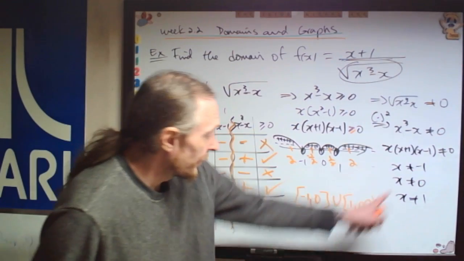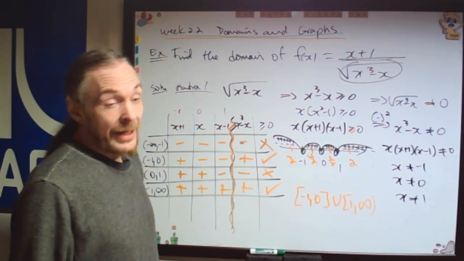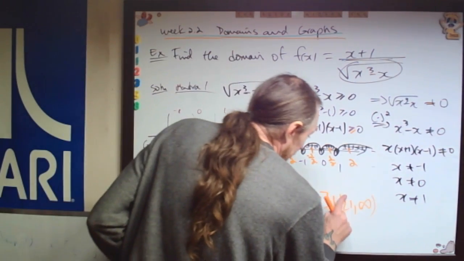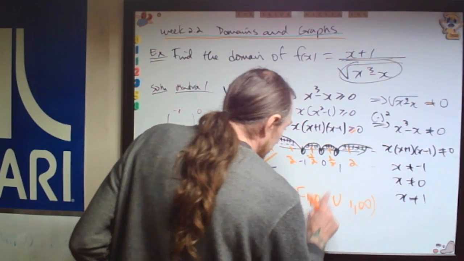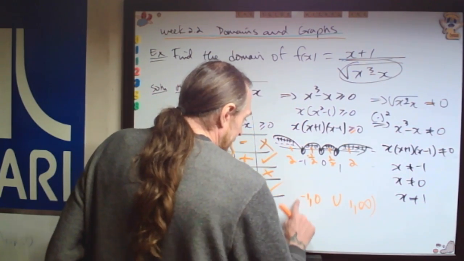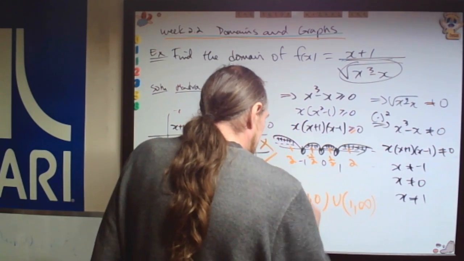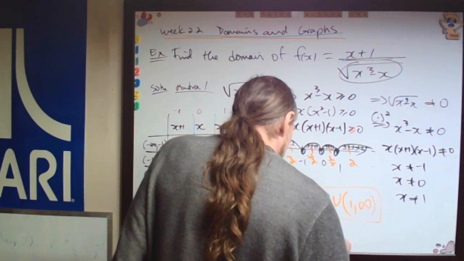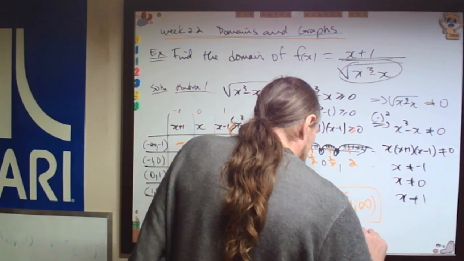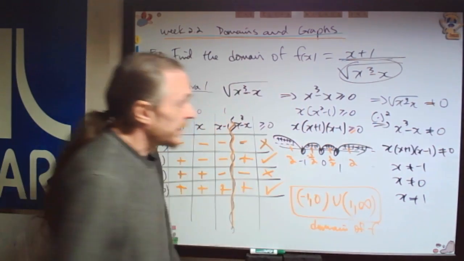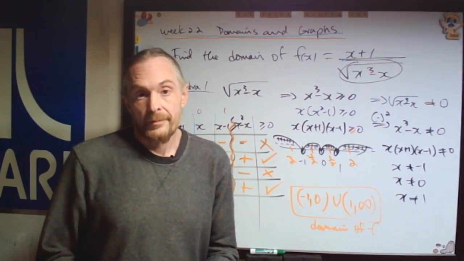What does that mean I have to do from this expression? I have to eliminate the values of -1, 1, and 0. So the square brackets where they were allowed to equal now become round brackets, and this is the domain of f. In this case, the denominator played no role here.